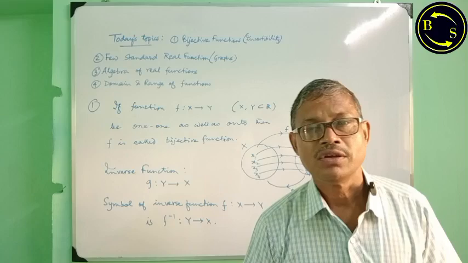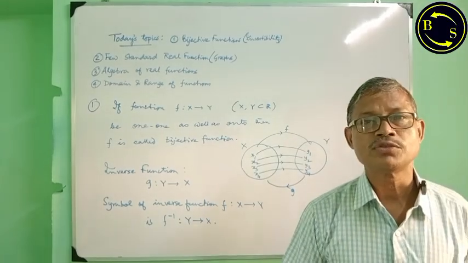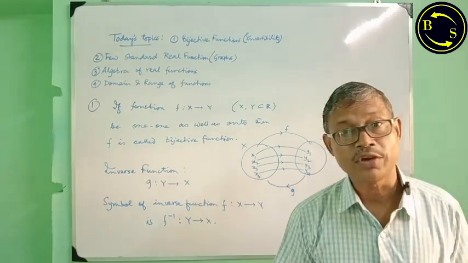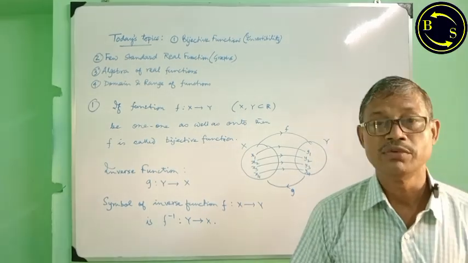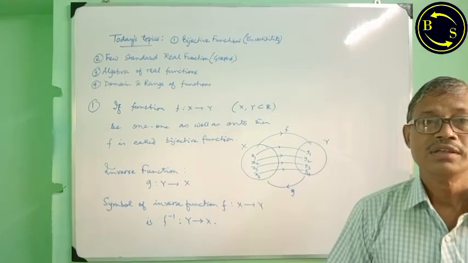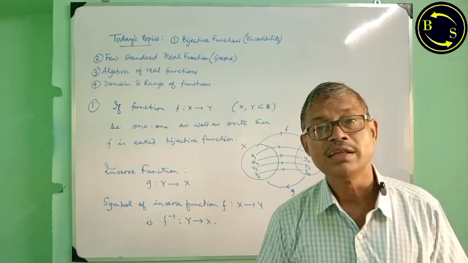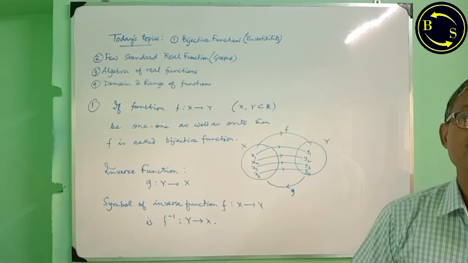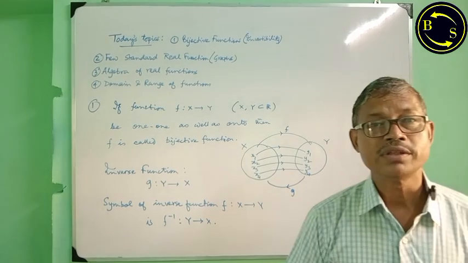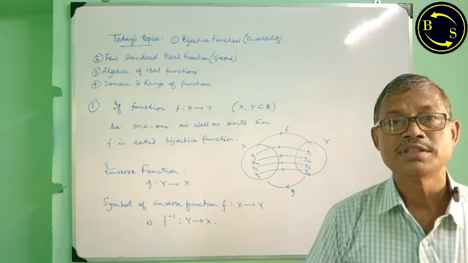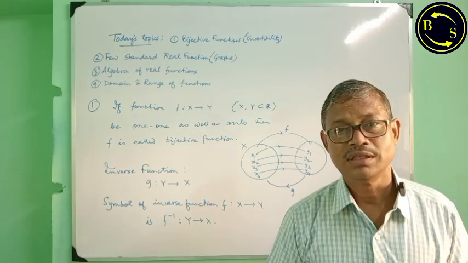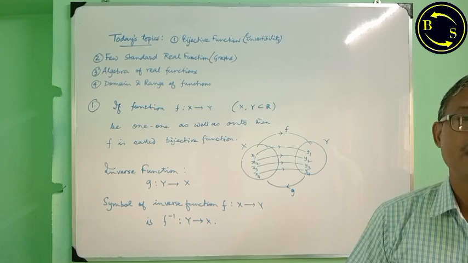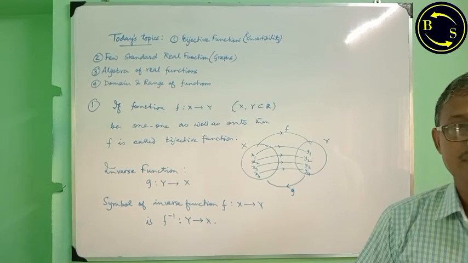Also, if it is asked to first show the invertibility of the given function and find the inverse, the first step will be showing the given function as a bijective function. Then we conclude that f is invertible. After that, we find the inverse function of the function f.